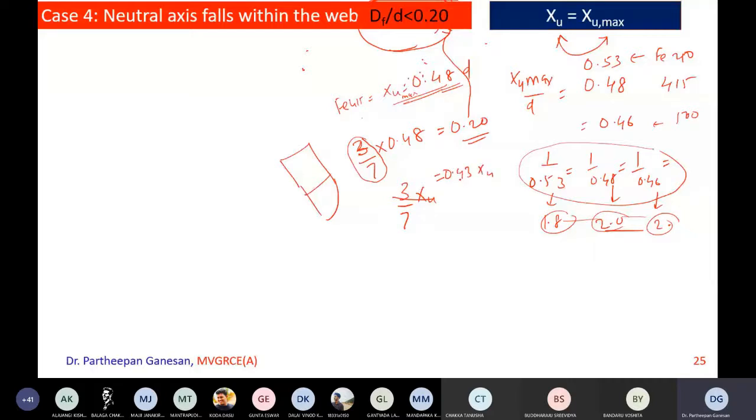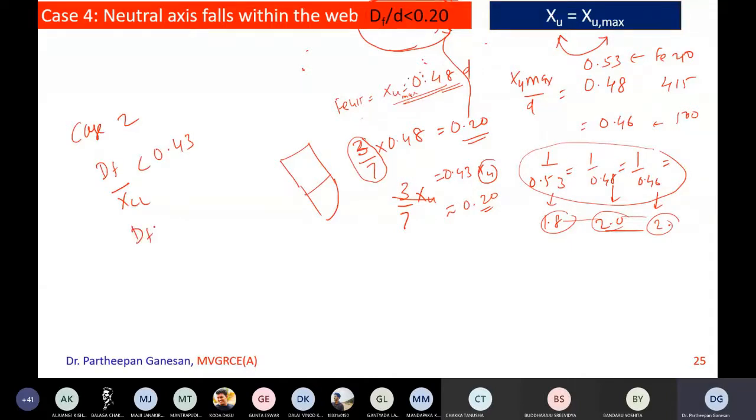Df by XU is greater than 0.43. Df is less than 0.43 XU or greater than 0.43 XU. Similarly, instead of XU, if you substitute XU max, in all these cases, all of the values will be close to 0.2. So that means we are fine. That is why we are writing Df by D equal to 0.2. So remember, in case 2, Df by XU less than 0.43 is compared.